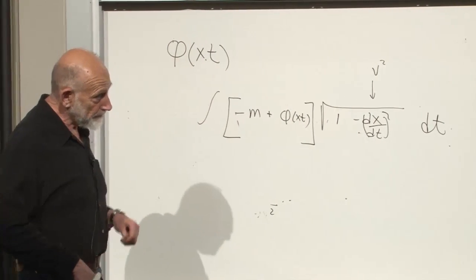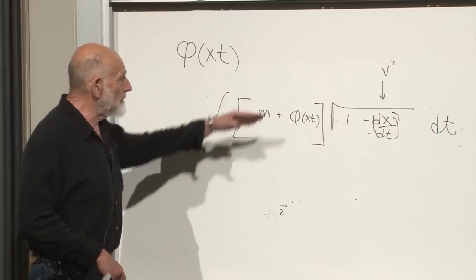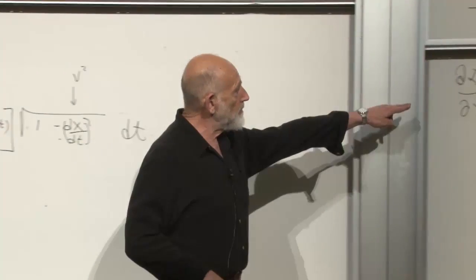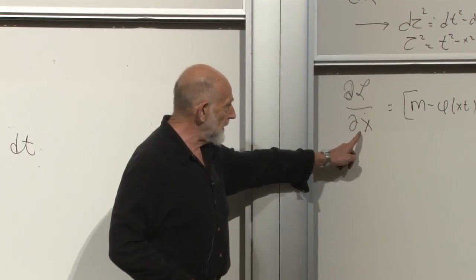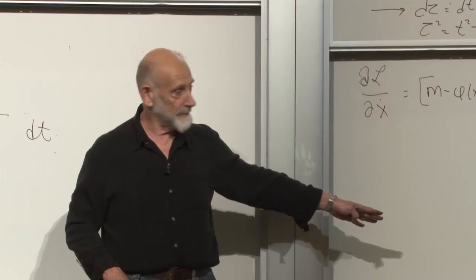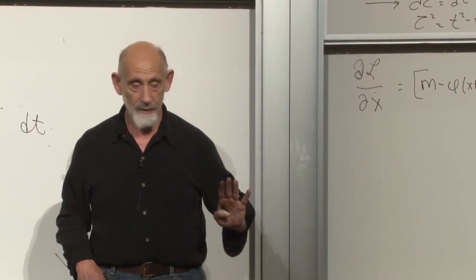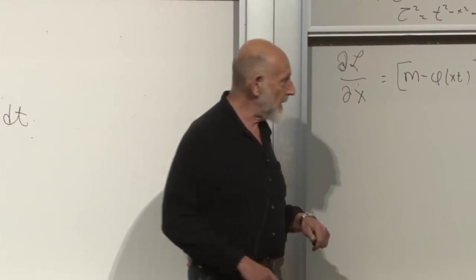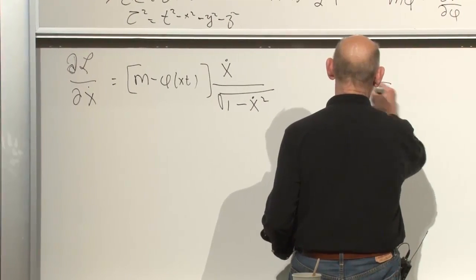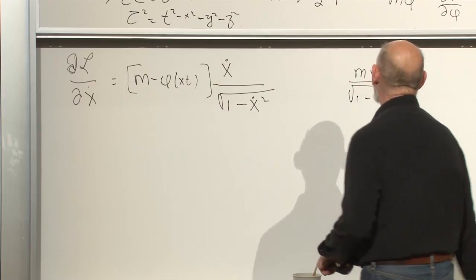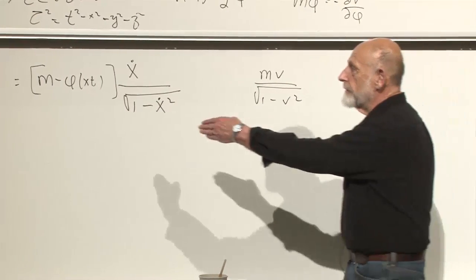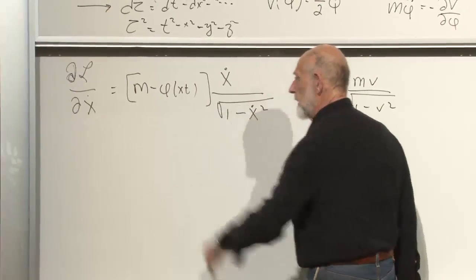Where did I get this from? Well, if you remember, the last time we calculated the momentum by differentiating the Lagrangian with respect to x dot. And what do we get? Remember what we got? We got the mass times the velocity over square root of 1 minus v squared. Remember that? That was the momentum. And it was equal to the derivative of the Lagrangian with respect to the velocity.